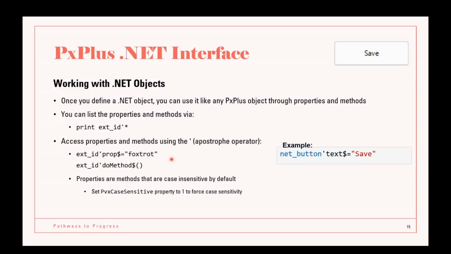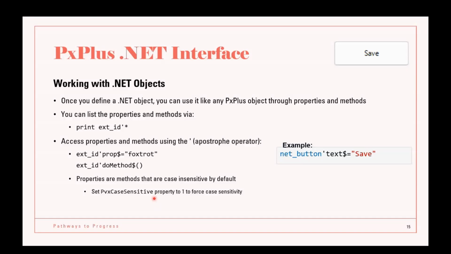It's useful to know that within .NET, property and method names are case insensitive. .NET itself is case sensitive, as we mentioned a bit earlier. But once we are working with an existing .NET object, we can assume and make it case insensitive unless you tell us you need it to be case sensitive using the PBX case sensitive property.